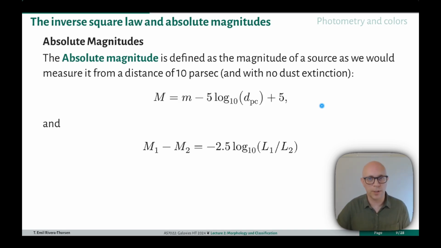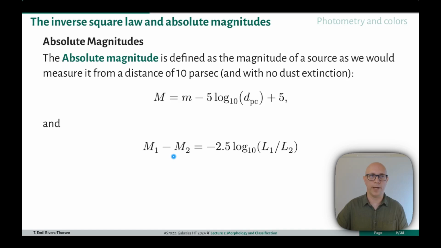And just like with apparent magnitudes, we also have a relative formulation of this formula, which goes to compare the absolute magnitude of two objects in terms of not their fluxes as it would be with the apparent magnitudes, but their absolute luminosities as it would be with absolute magnitudes.